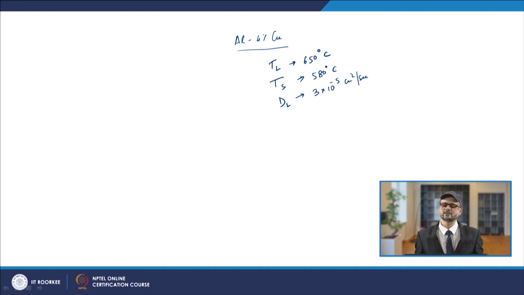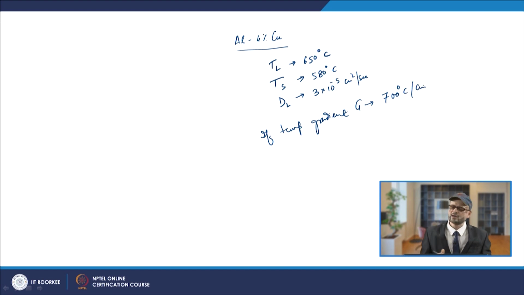Now suppose the temperature gradient G is 700 degree centigrade per centimeter. As we know, the G by R value has to be higher, so you can have the value of delta T, which will be something like 70, divided by DL.